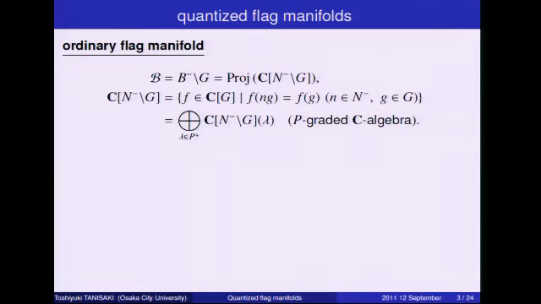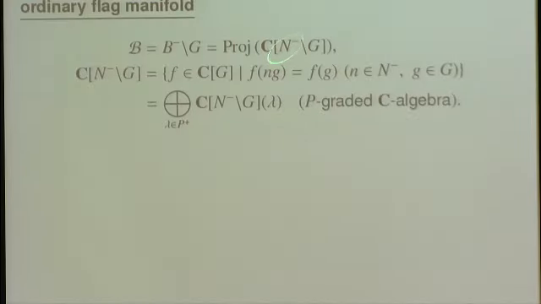we can write it as Proj of some graded ring. The graded ring is the ring of functions on G over N minus, or the ring of functions on G which are invariant under the action of N minus. And this C-algebra becomes a graded ring, in fact a P-graded ring, where P is the weight lattice and lambda runs through the set of dominant weights.